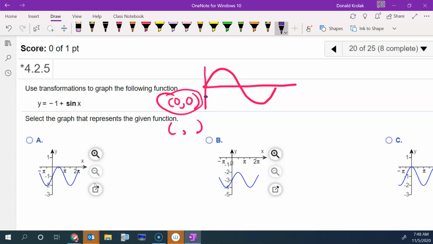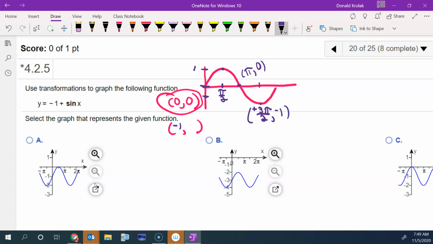What are the coordinates? Okay, so this has the coordinates 0, 0. This has the coordinates pi over 2, 1. This has the coordinates pi, 0. This has the coordinates 3 pi over 2, -1.